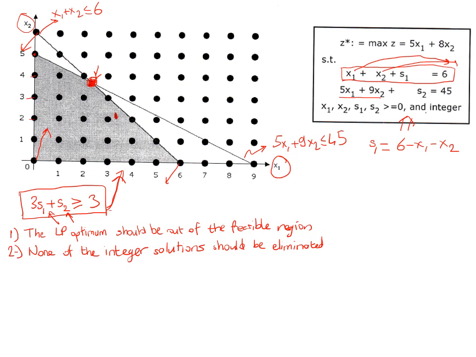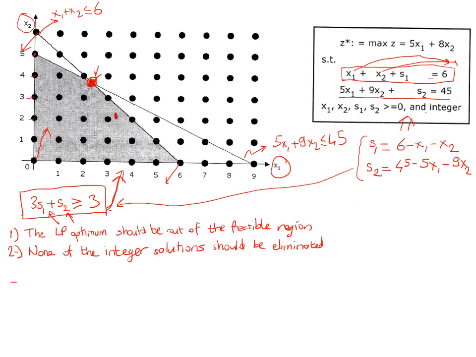And using the second constraint, again I can write that S2 is equal to 45 minus 5x1 minus 9x2. Again this is the standard form, and since we have this equality, I can write S1 and S2 in this way. Now I can replace this S1 and S2 in the cut.